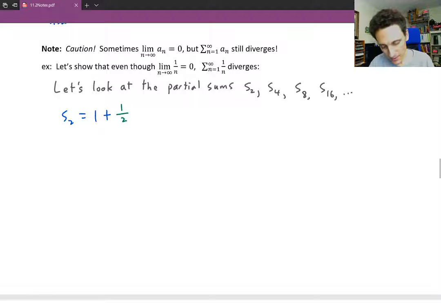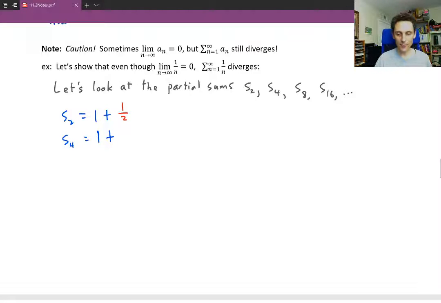I'm actually going to highlight the 1 over 2 in red, just because. Keep your eye on the 1 over 2.